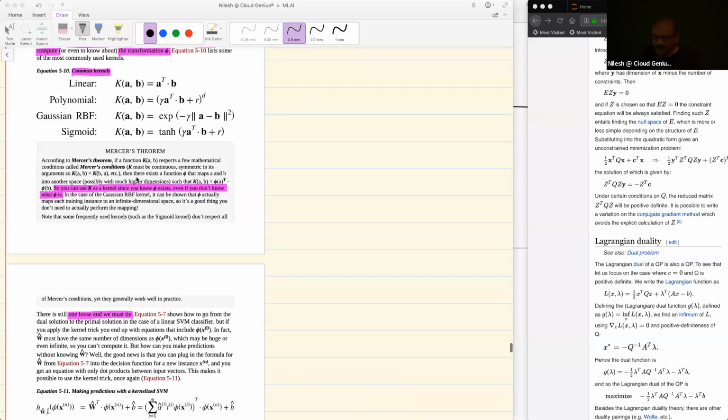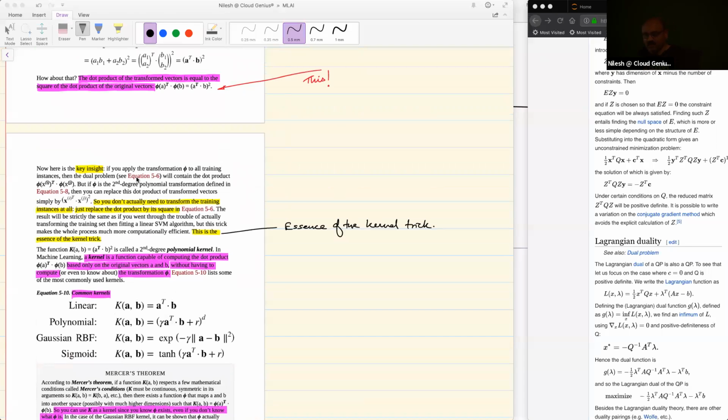I think this needs to be really understood. We have to have a separate discussion just on this kernel trick, but the essence of this kernel trick is right here. What is it? Let's read a portion of this. You don't actually need to transform the training instances at all.